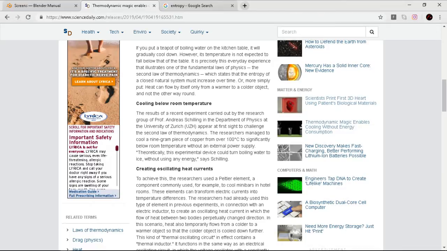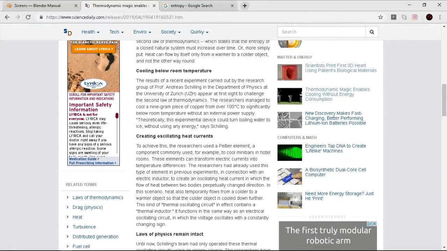Or more simply put, heat can flow by itself only from a warmer to a colder object, and not the other way around. Cooling below room temperature. The results of a recent experiment carried out by the research group of that guy in that department at that university appear at first sight to challenge the second law of thermodynamics.